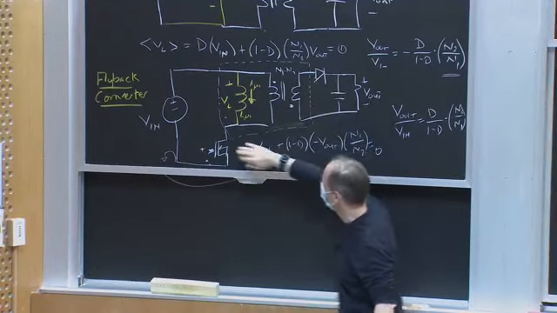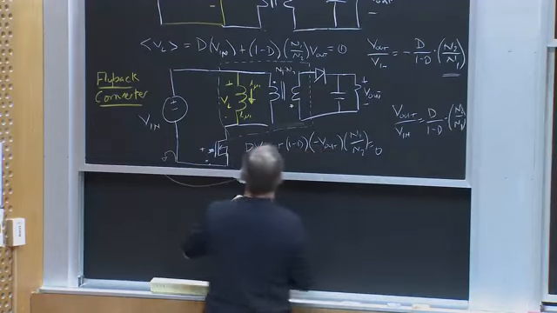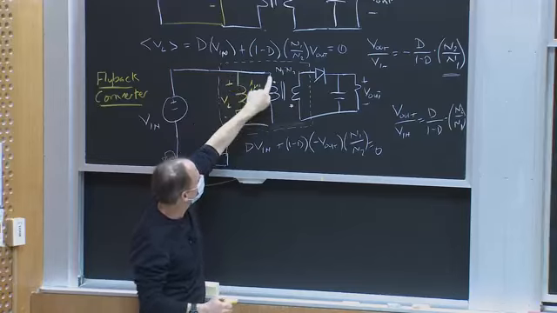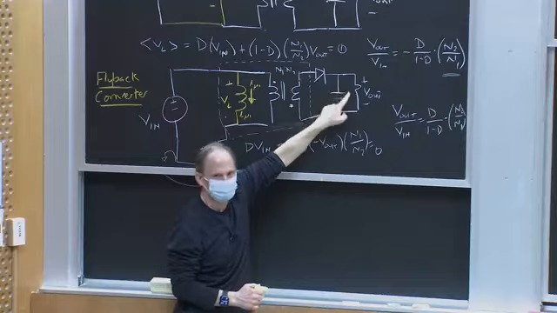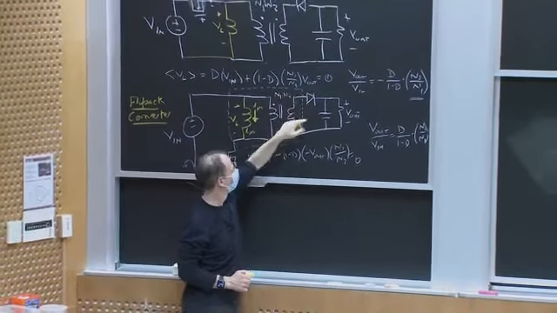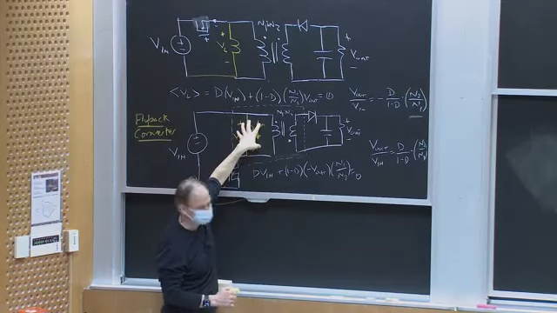When I turn the switch off, if I look at this circuit model, what's happening is the magnetizing current is circulating out of this dot and into this dot. So there's current in the secondary now, which is supporting this magnetizing energy storage.